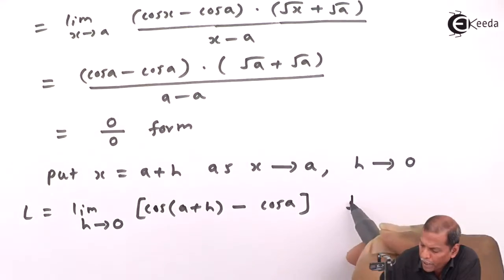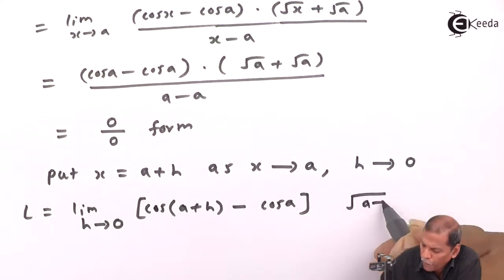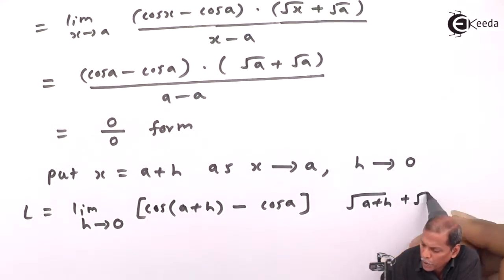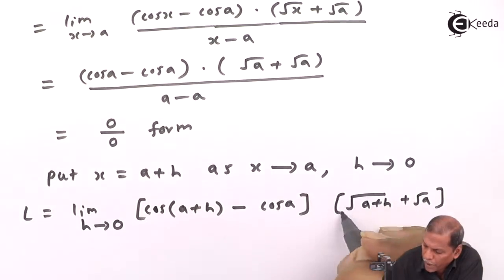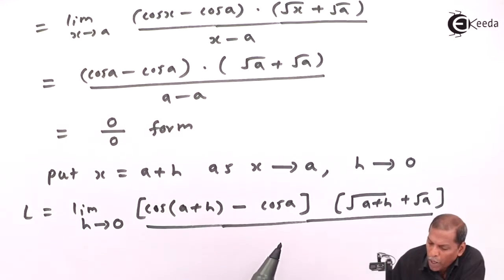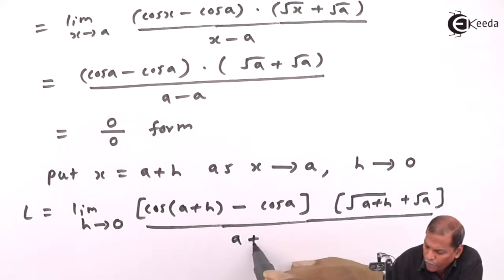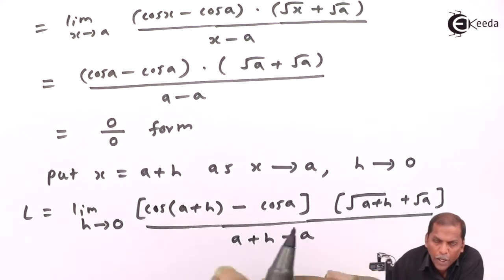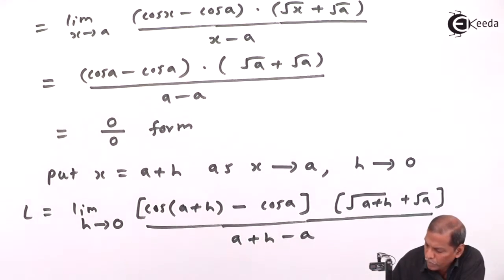Now the second bracket, square root of a plus h plus root a, and then totally divided by a plus h minus a.